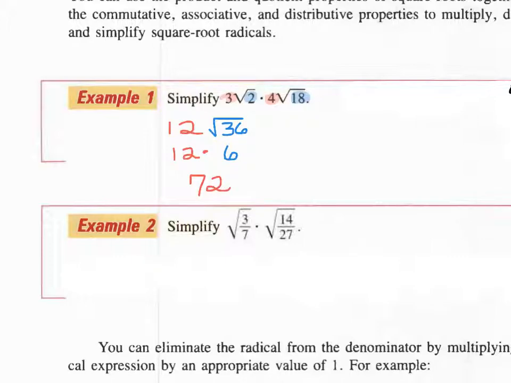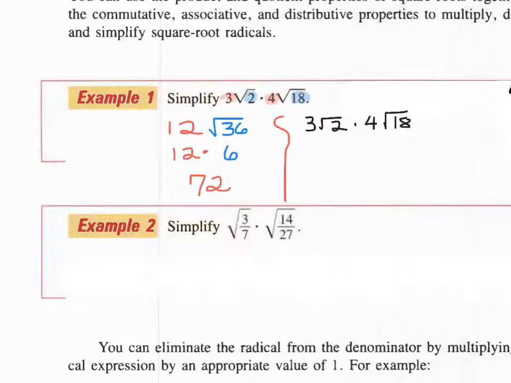Now, just to show you with a smaller number before I get to those really large ones, another way to do this is, let's say when I multiplied 2 times 18, it wasn't a perfect square. Another method that I could use to solve this, and let me rewrite the problem, is I could break down the radical first.